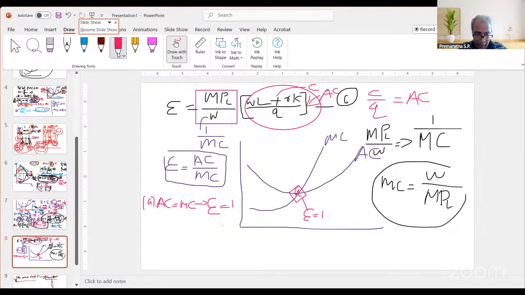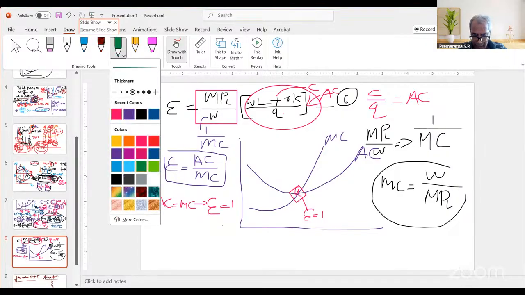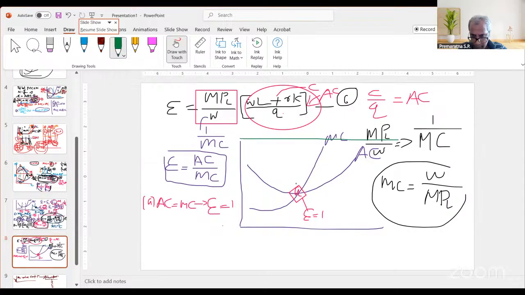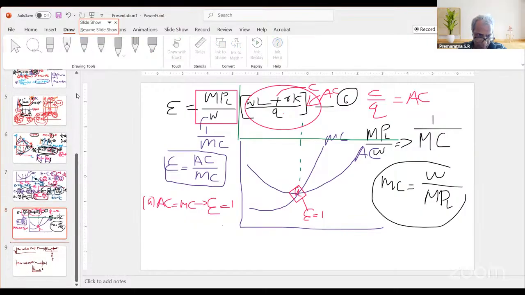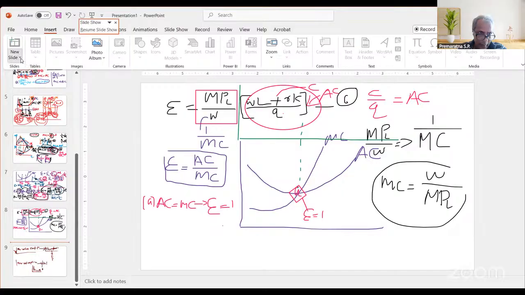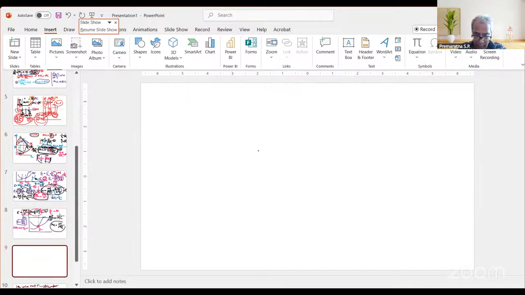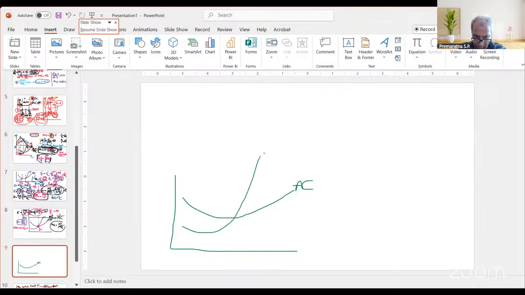If you look at the production side, sorry, here, I think I better go to another slide and show you. What we draw here: average cost, the marginal cost.